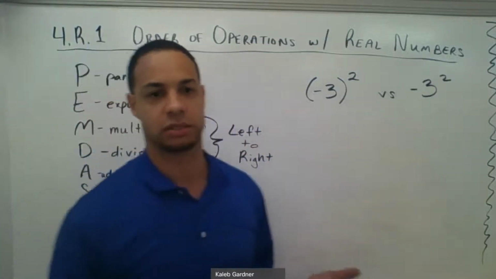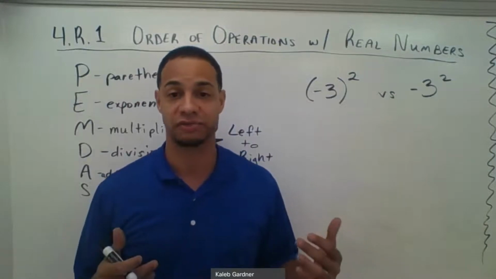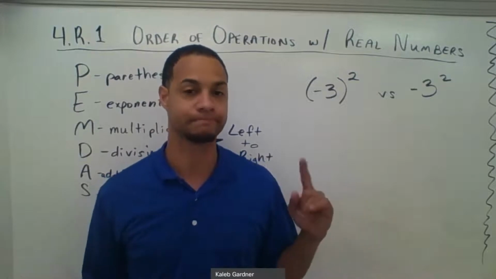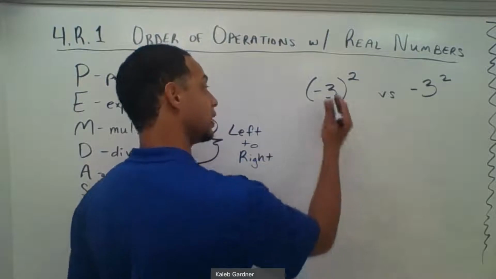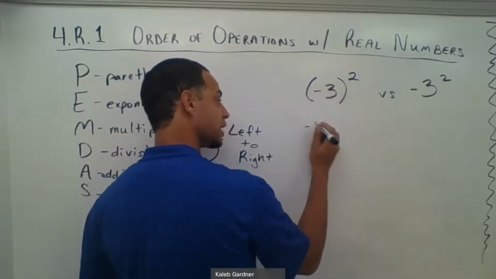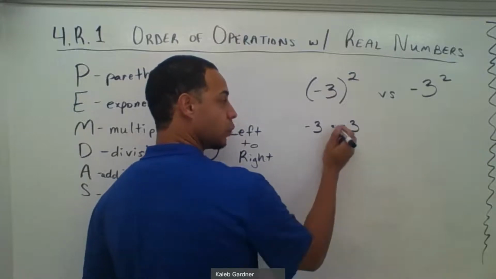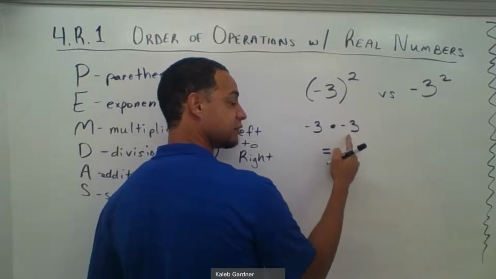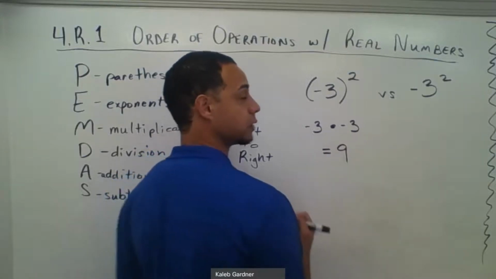With the parentheses here, this means this whole thing, so -3 times -3. Well, -3 times -3, and a negative times a negative is a positive 9.